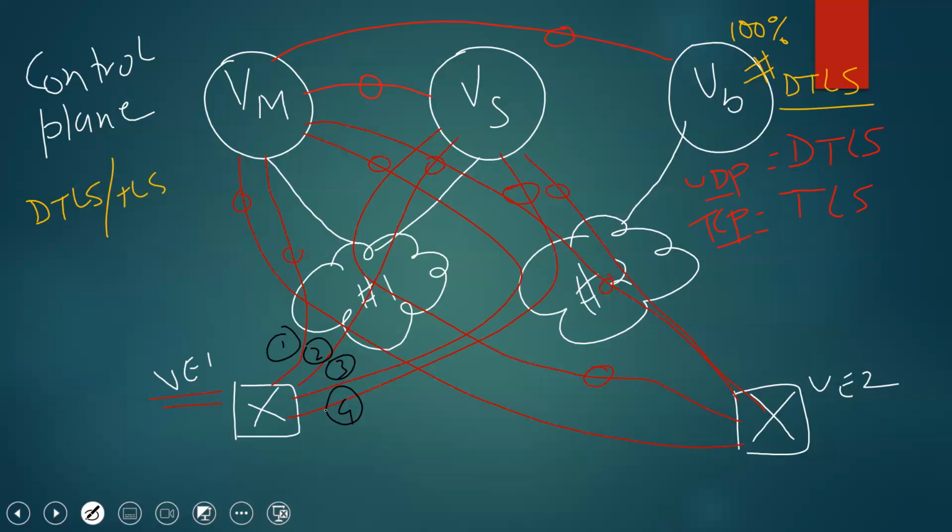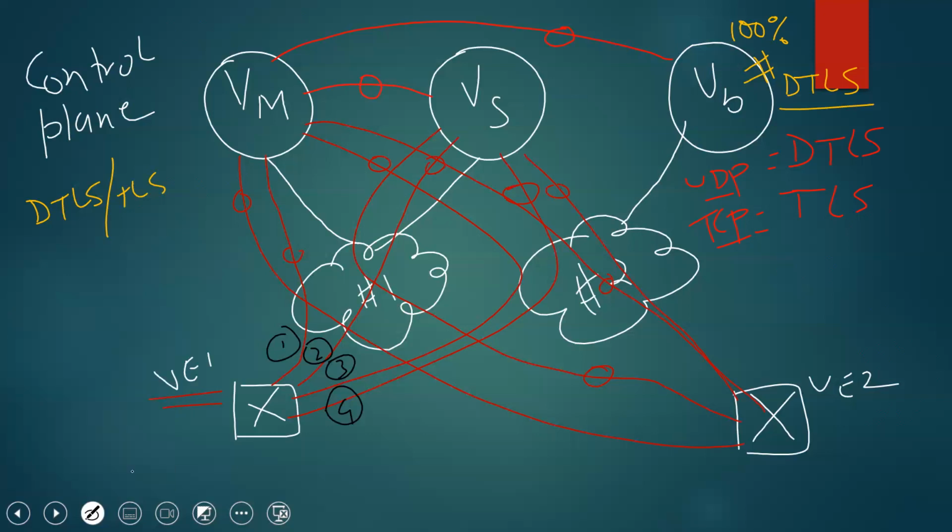Yeah. Okay. And here you may ask me one thing: to reach vBond, why haven't you drawn any control connection? Okay, so later on in this course, you'll come to know that vBond is an orchestrator plane. While bringing up the fabric, they will create the control connection, and then they will tear down the connection.